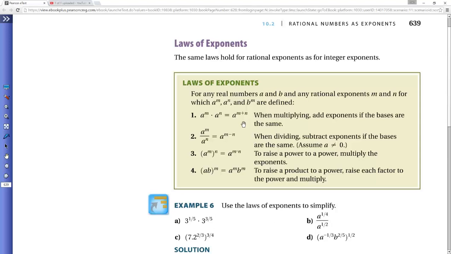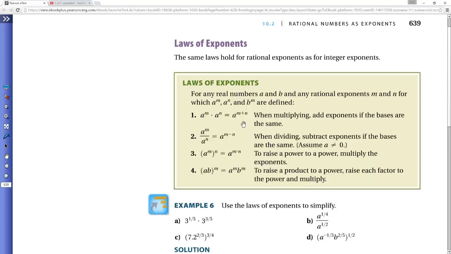For any real numbers a and b, any rational exponents m and n, for which a to the m power, a to the n power, and b to the n power are defined. In other words, they exist. We don't have situations that are not in the real number set, would be another way to say that.